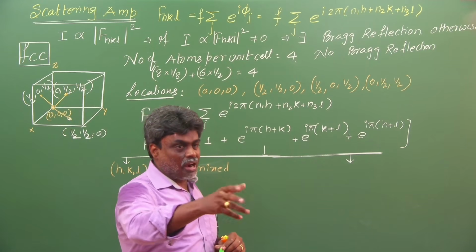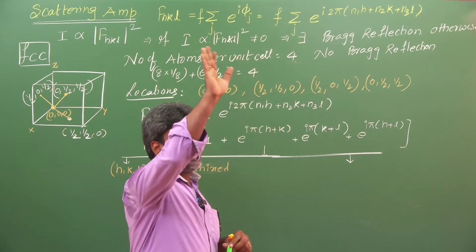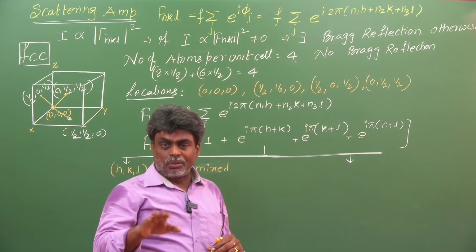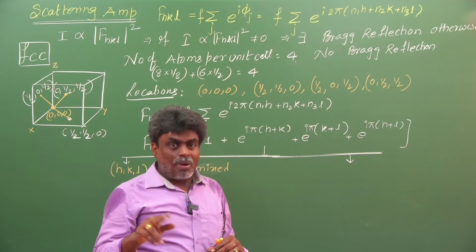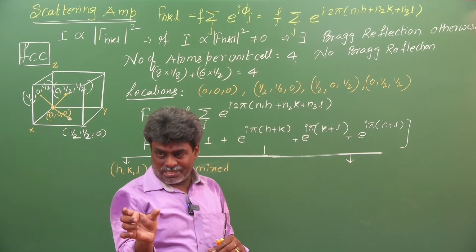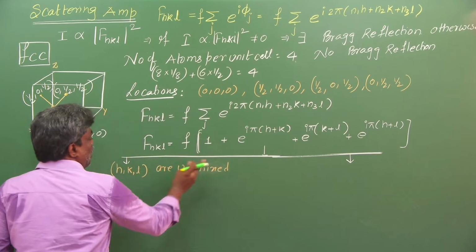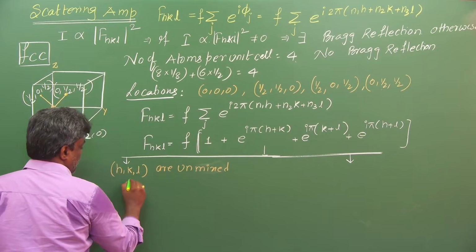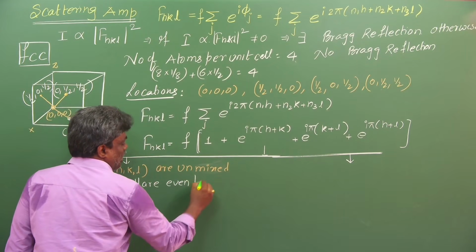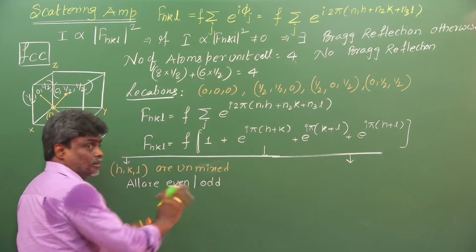Both even and odd numbers should not be there. Either all are odd, 1 1 1, or all are even, 2 2 2. 1 1 0: odd, even, both are there. That is mixed. Is that clear? Good. So all are even or all are odd, but not both.